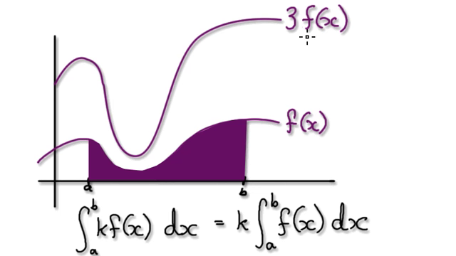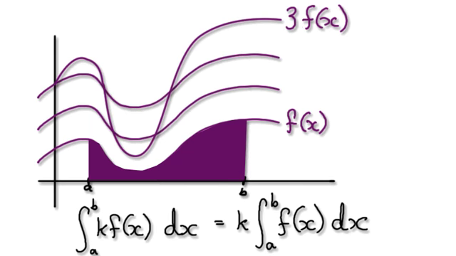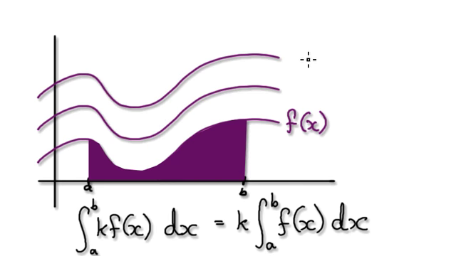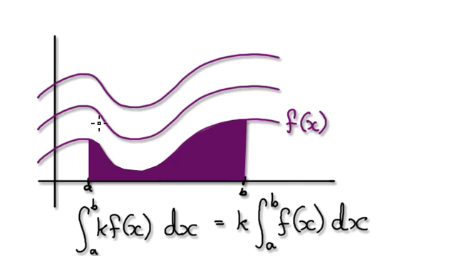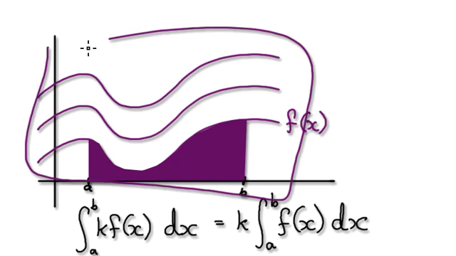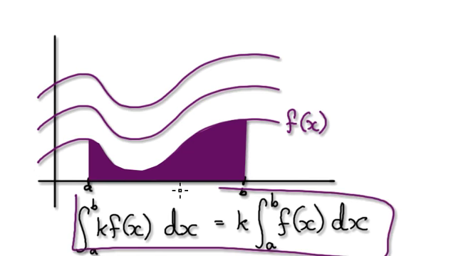Another thing, don't visualize k f of x to look something like this, because that's not the case here. If you visualize it like this, which is wrong, then this here wouldn't make sense.